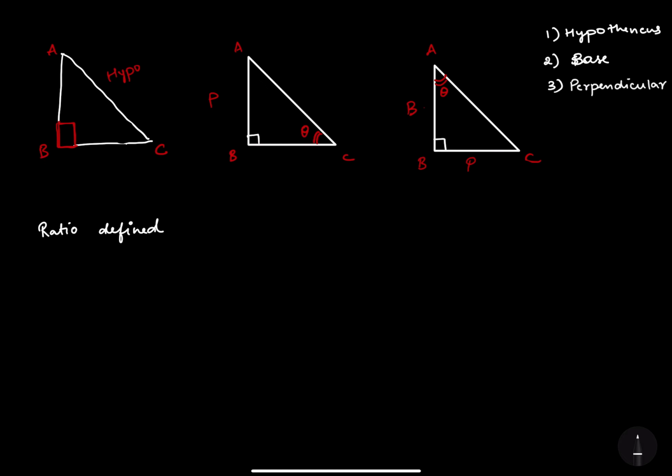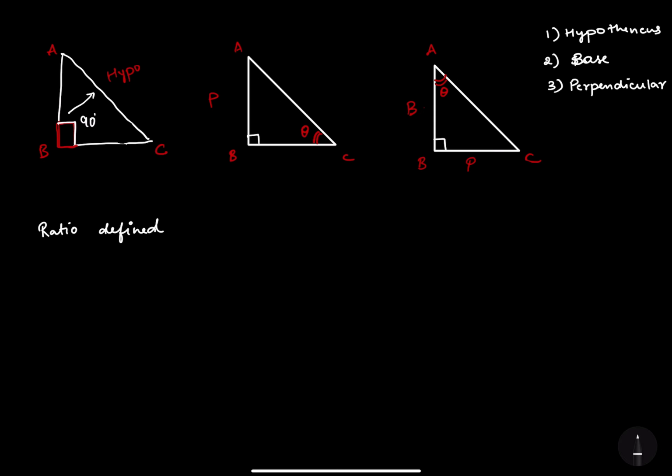Now, hypotenuse, if you remember, is the longest side of the right angle triangle. In easy terms, to remember, the side which is opposite to your 90 degree angle is called the hypotenuse. So in your first diagram, I've already mentioned which is your hypotenuse side, which is side AC, because this is your 90 degrees, and the side opposite to that is AC.